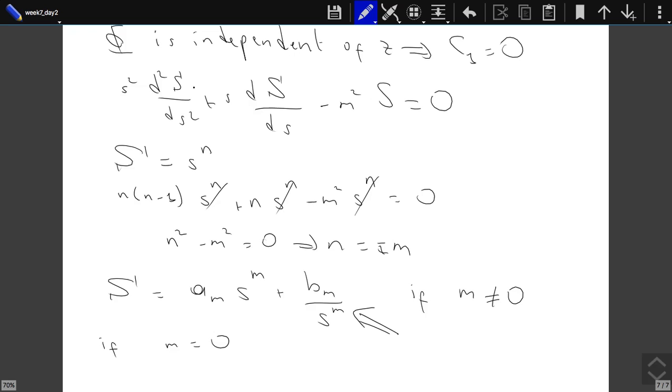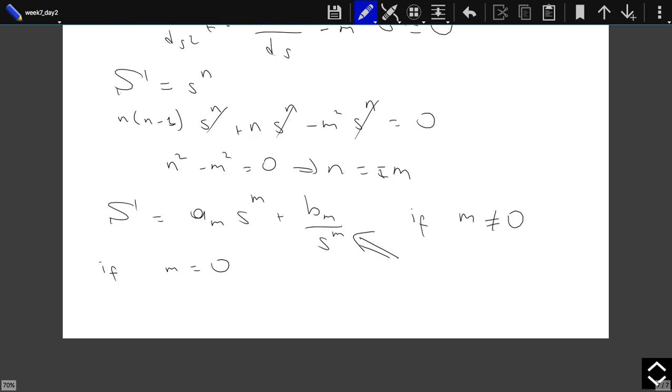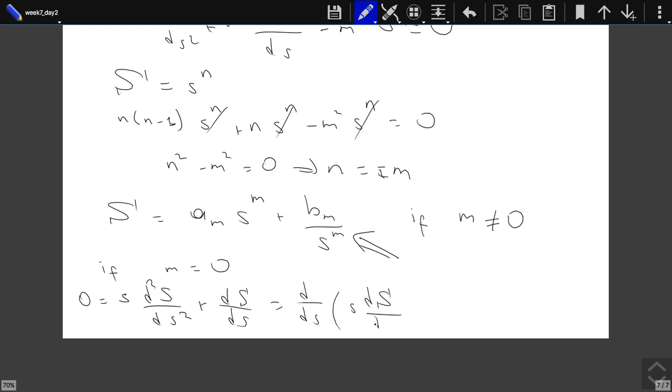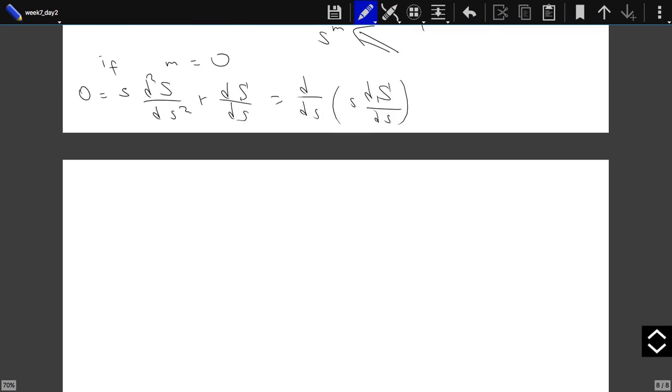Now let's look at our equation if m is equal to 0. In that case, our differential equation is actually this one. I divide it by s. This is our differential equation. But this is equal to d by ds of s dS by ds. And so s times dS by ds should be a constant.